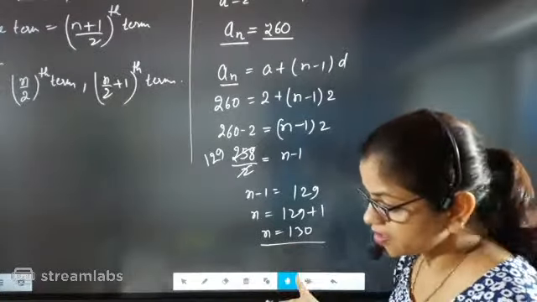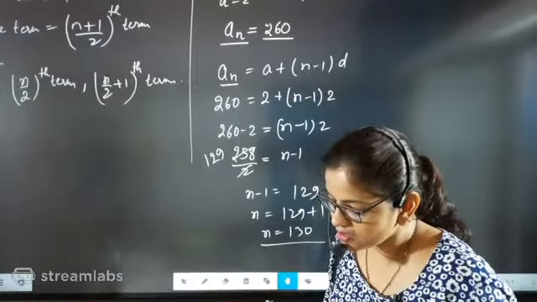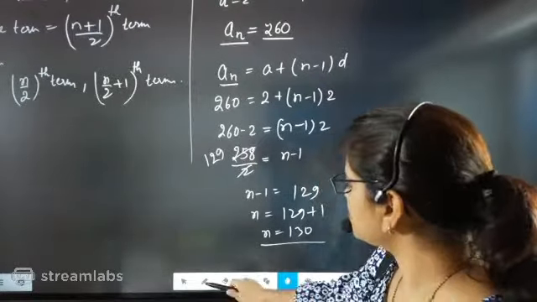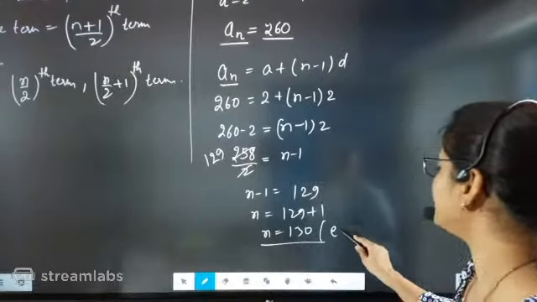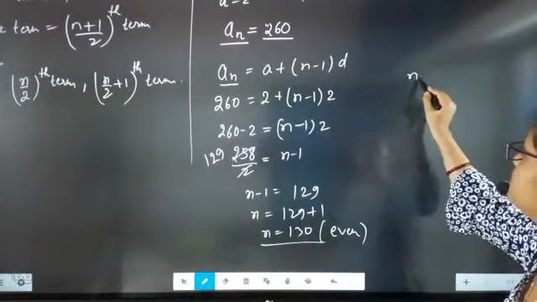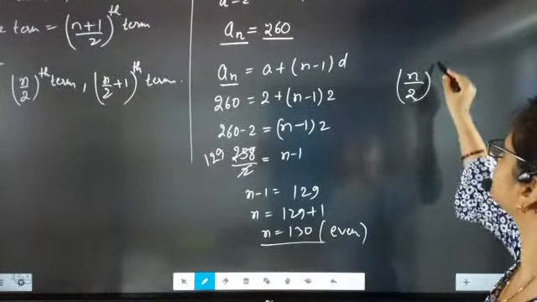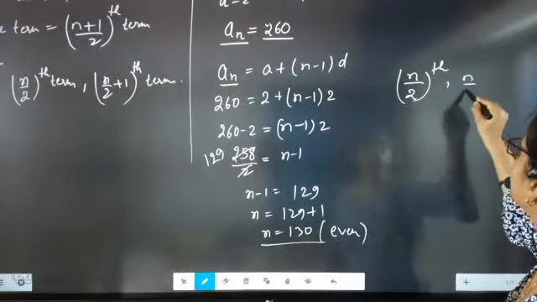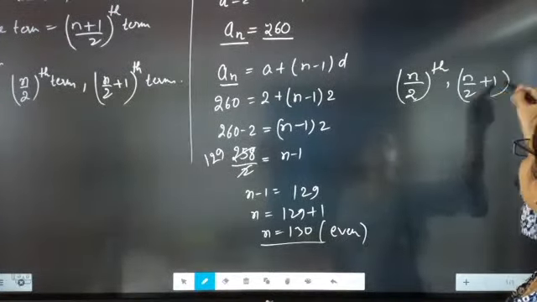Now, beta, is 130 odd or even? Very good. The total is even. So I told you, when n is even, then two formulas will be there. There will be two middle terms. One will be the n by 2th term and one the n by 2 plus 1th term.